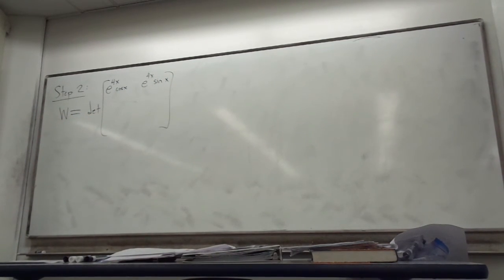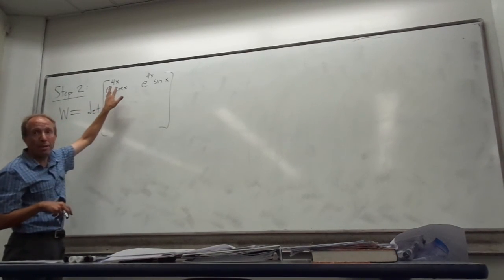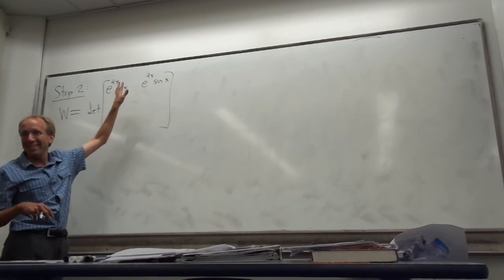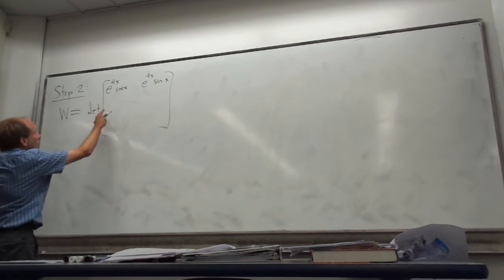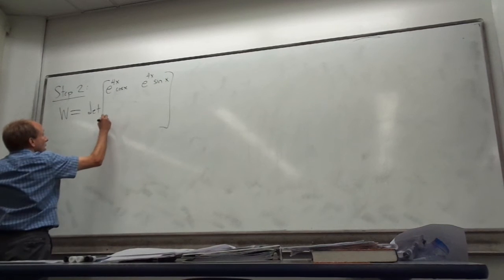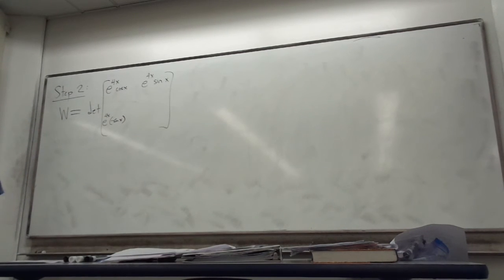This is going to be a little bit of a pain because I have to take derivatives now, and that's going to require me to do what? Product rule, exactly. So I'm going to take e to the 4x times the derivative of cosine, which is negative sine. I'm sorry I'm writing this so small just to make it fit.